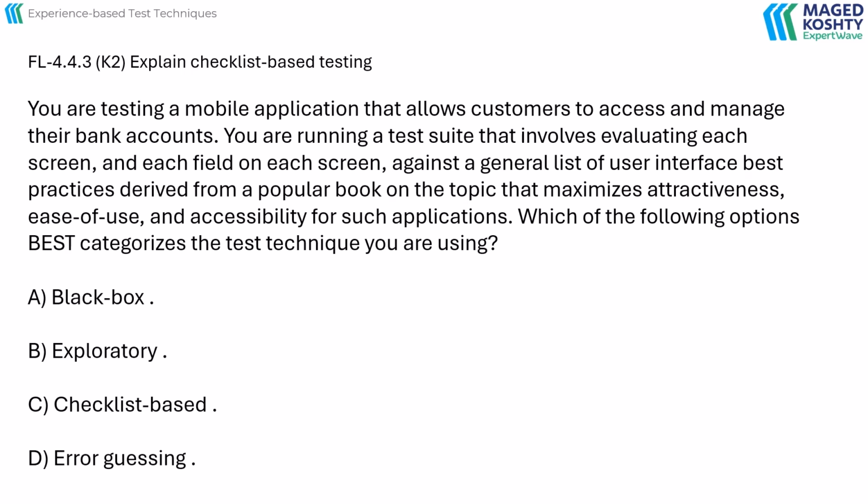Okay, we should look for a test technique in the body of the question. You are testing a mobile application that allows customers to access and manage their bank accounts.